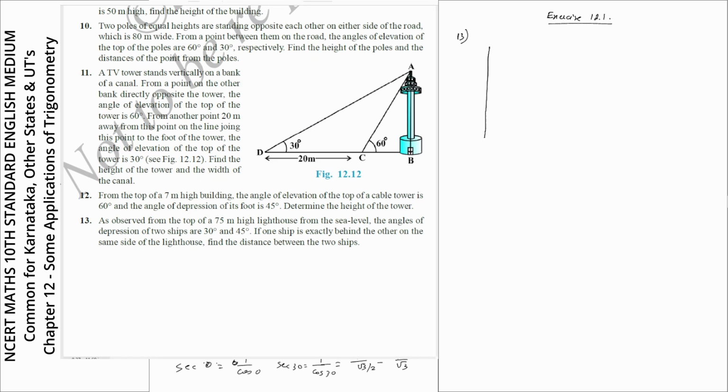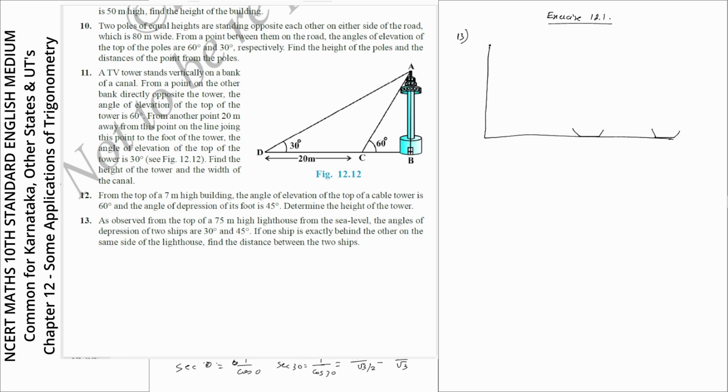From the top we can monitor the movement of ships. One ship is somewhere here, this is the ship, and another ship is somewhere here.